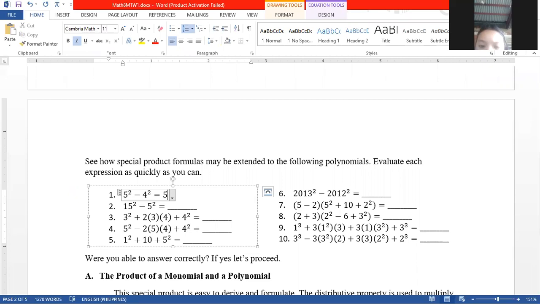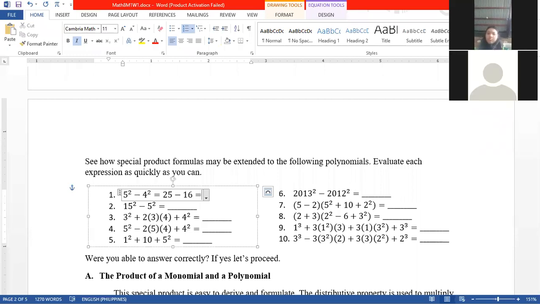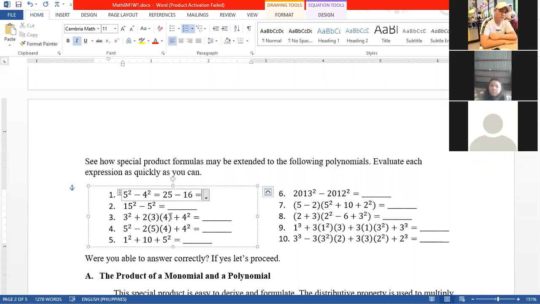So 5 times 5. So 5 times 5, how much? It is 25. Minus 4 times 4, that is 16. So 25 minus 16 is equal to how much? 25 minus 16 is equal to 9.